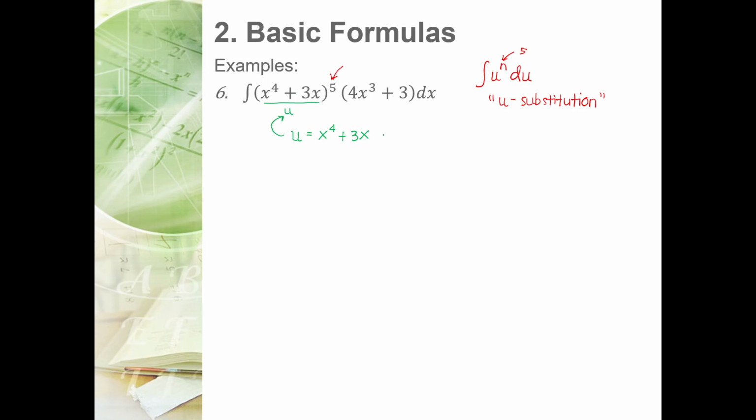Now, how about the other term, 4x cubed plus 3 dx? Notice there is du. So we will be getting the derivative of your u parameter. Let's change color again. So again, we will be deriving this one, du.